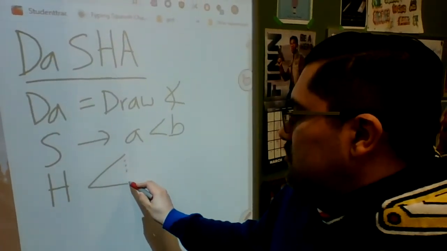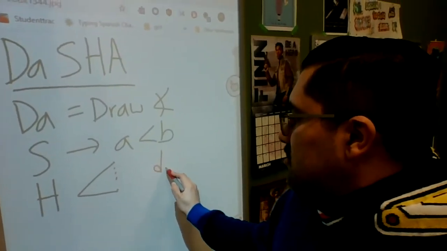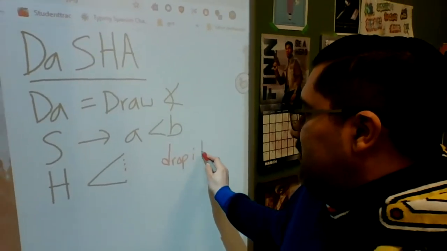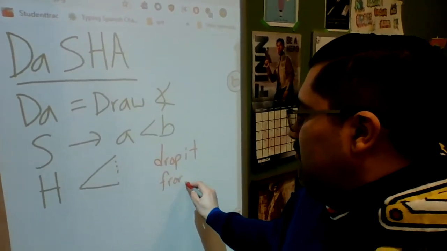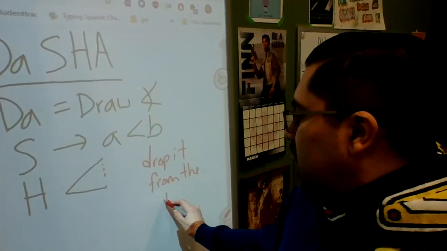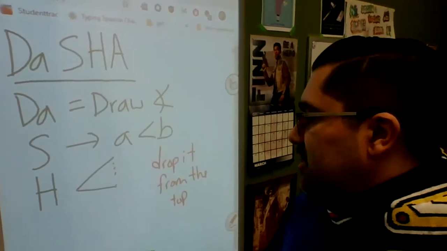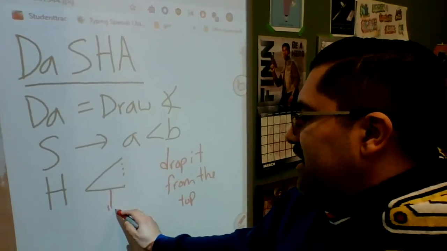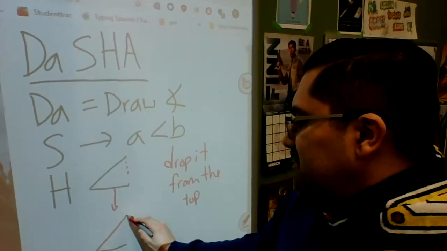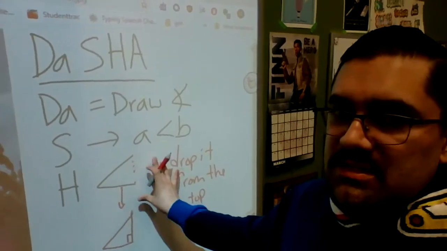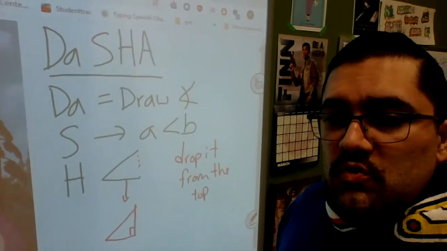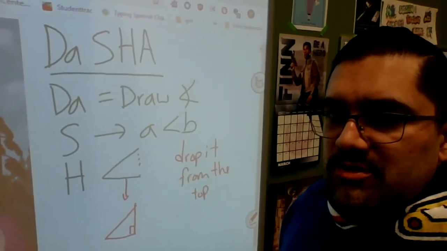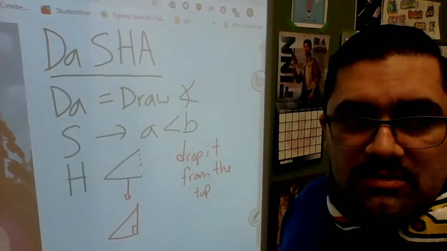We're going to drop it from the top. The top being the top of the triangle. So after we have that, usually you're going to see me redraw that triangle because it's going to get busy over here. I'm going to try to space things out so you can see it pretty good on your screen.